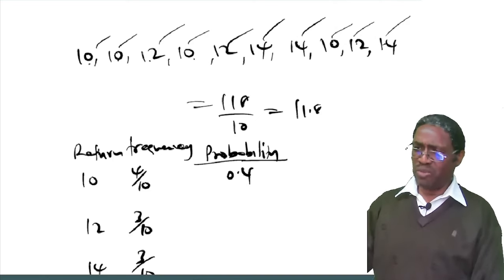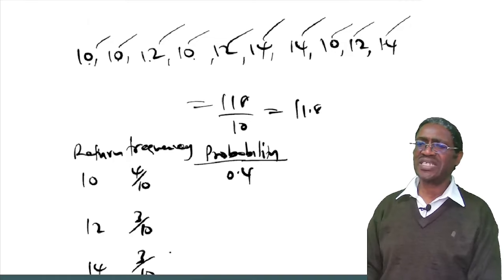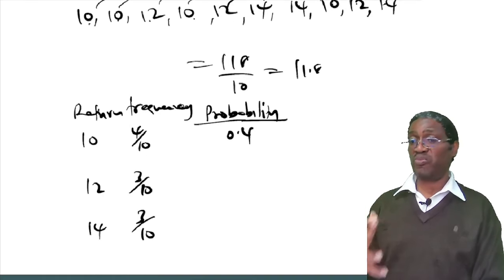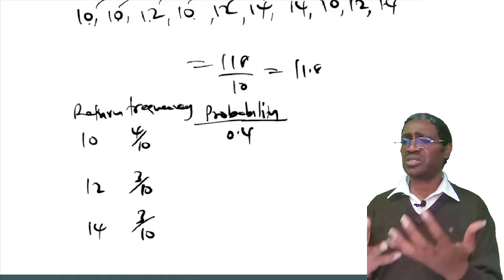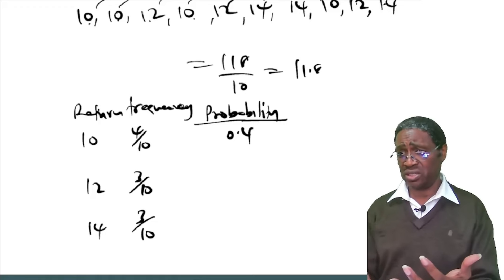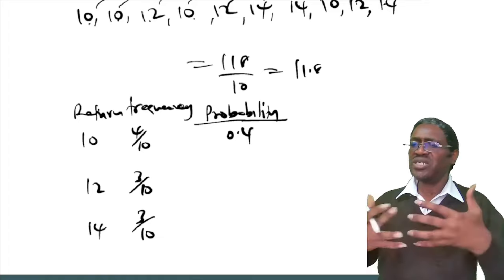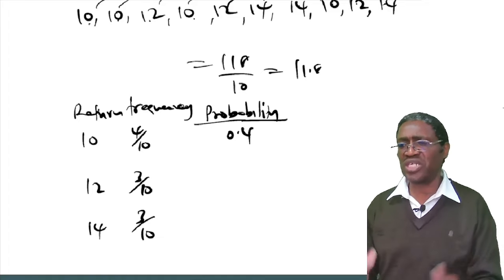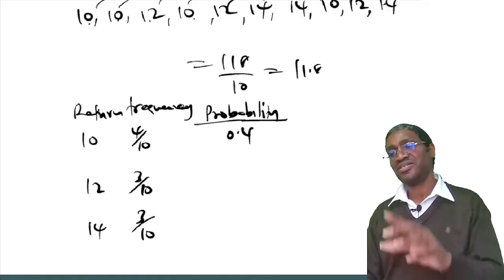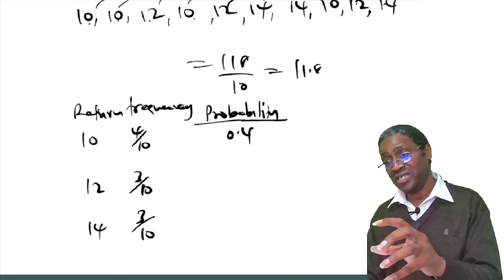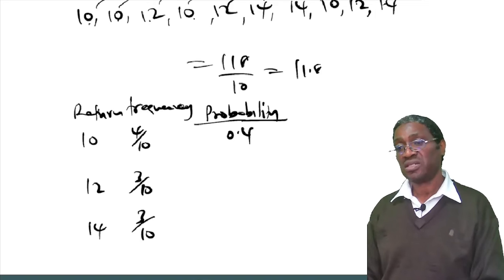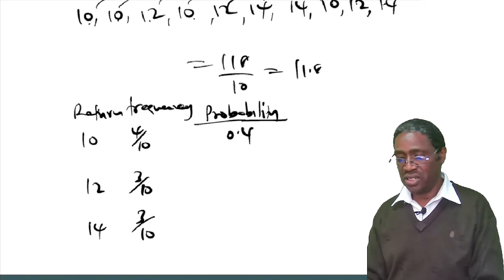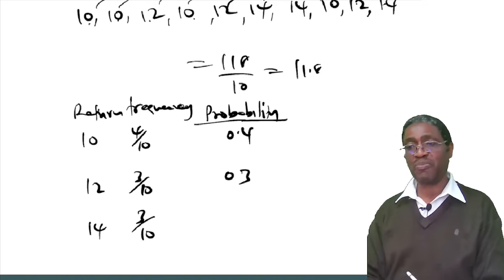What is the probability that I'll get a return of 12%? If 12% took place 3 times in a period of 10 years, what is the probability that my next return will be 12%? It is 0.3. 3 divided by 10 is 0.3. So that is the probability.